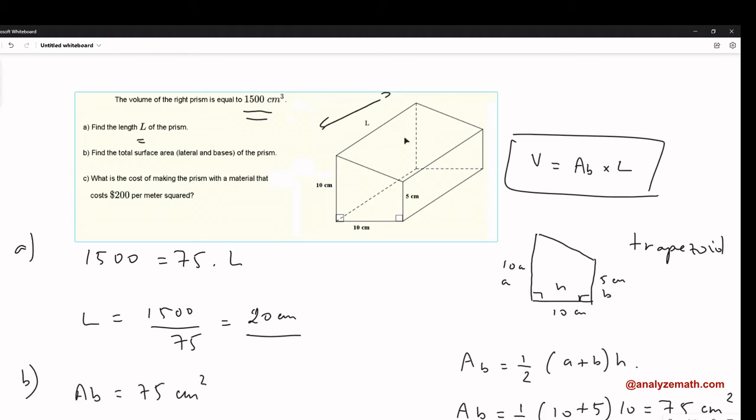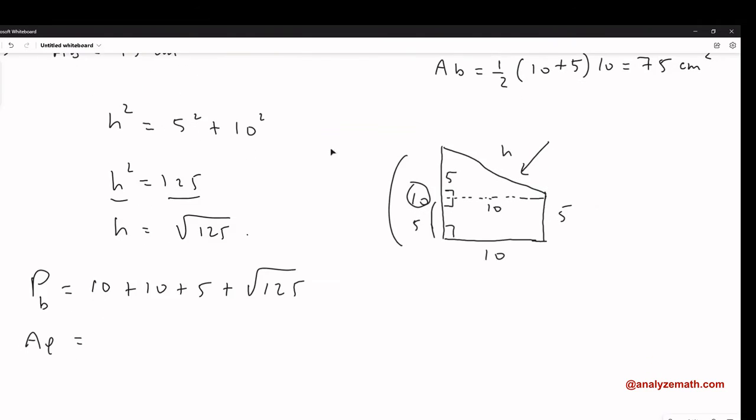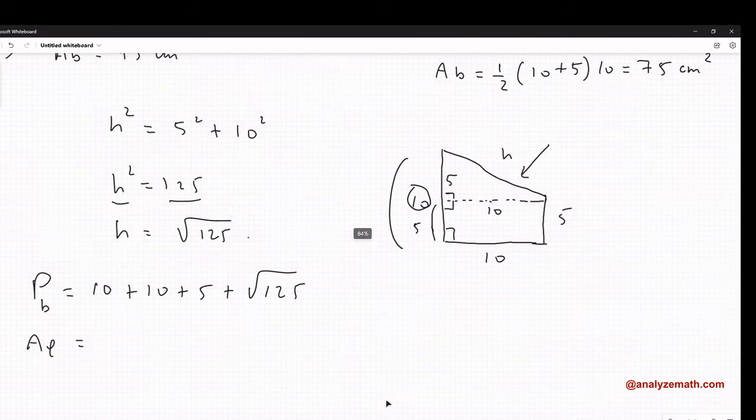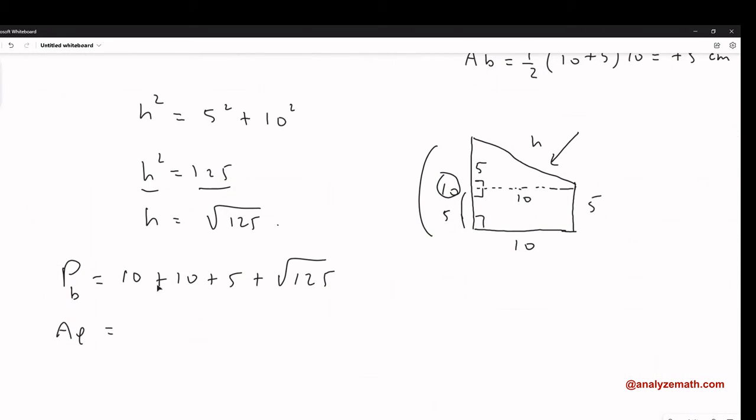The lateral surface is made up of this rectangle, this rectangle, this rectangle, and this rectangle here. So we call it AL. So it's going to be PB, the perimeter of the base, multiplied by L. Now this gives me 25 plus square root 125 multiplied by L, 20.